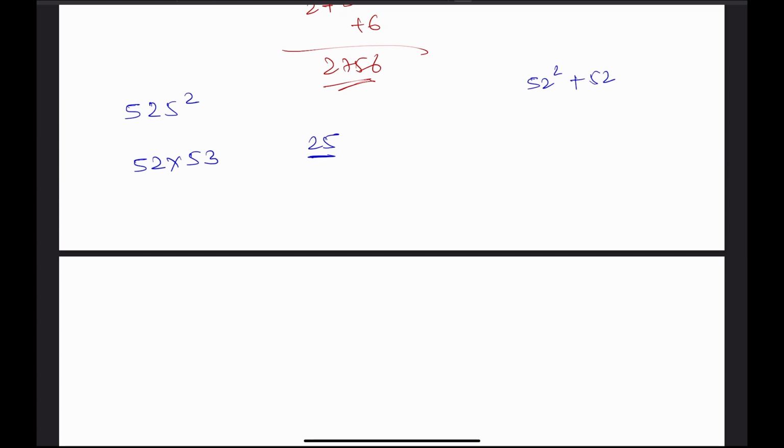It's just plus 2, and then 25 plus 2 is 27. It will be 2704, right? Plus 52, it will be 2756. So again 2756, the last two digits are always fixed.